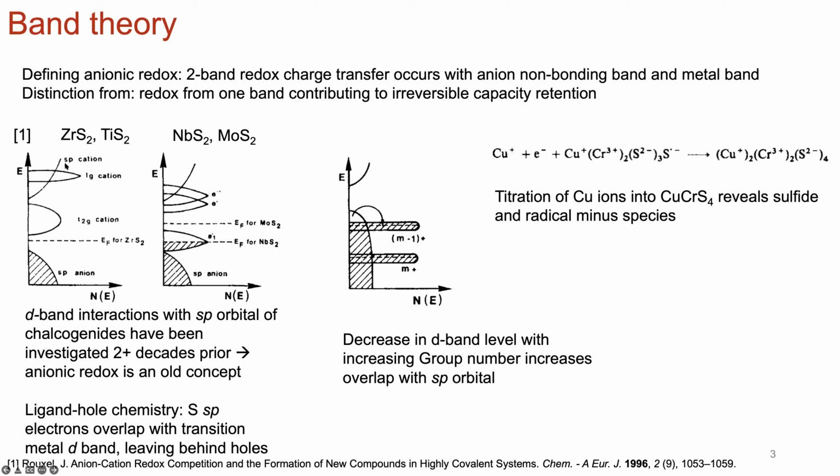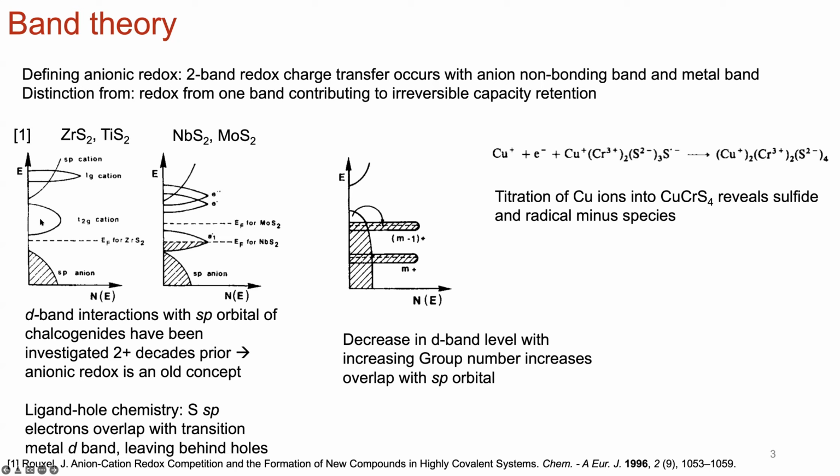In terms of sulfide, a lot of the oxide discussion for lithium battery materials that we'll talk about now really builds upon the sulfide discussion from this 1996 paper, where here you see the sp hybridized orbital of the anion, so of the sulfide, the S and P orbitals here of the sulfides, and where the binding orbitals are for the metal species.